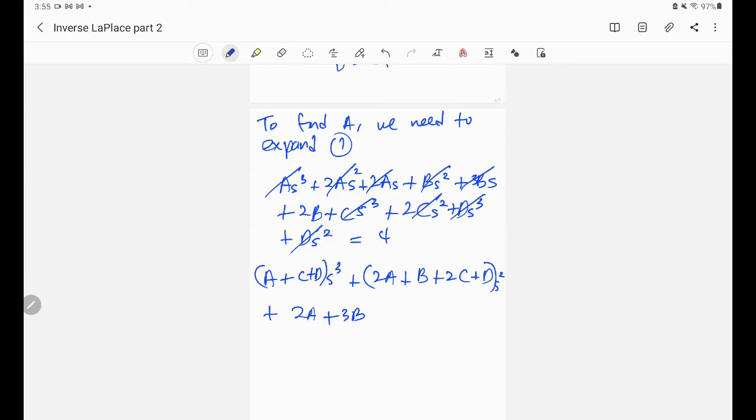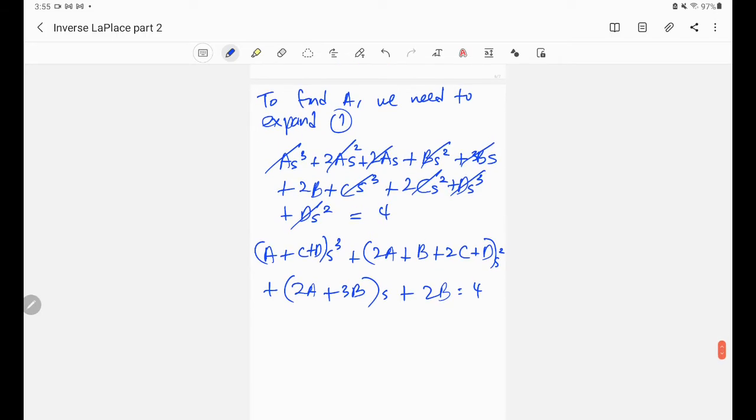So this is s, and 2B equals 4. We will be using this one to find A, because we know on the left hand side there is no value of s.